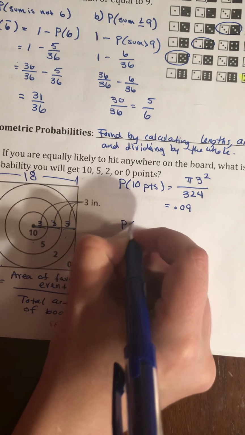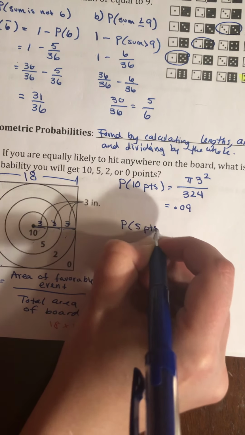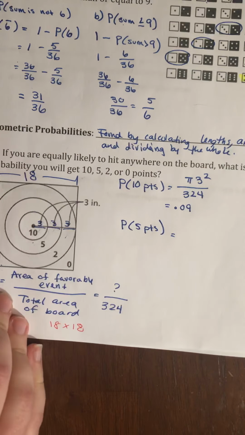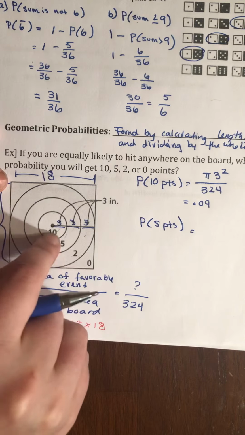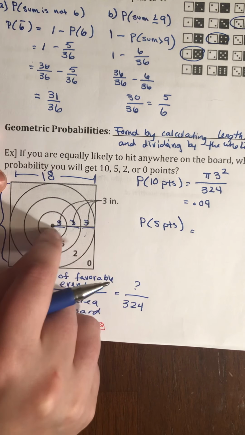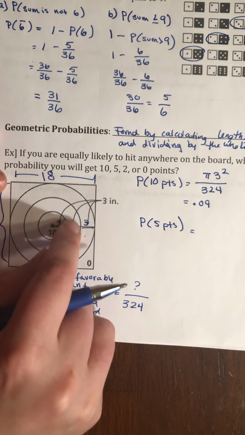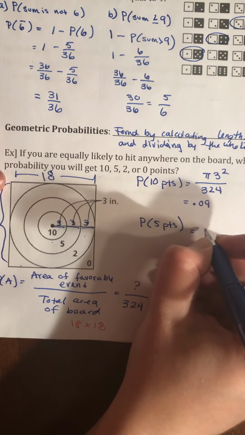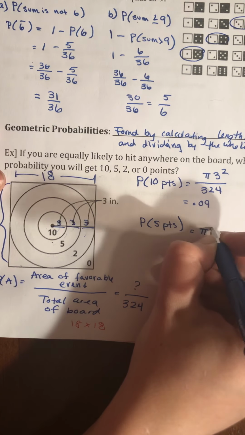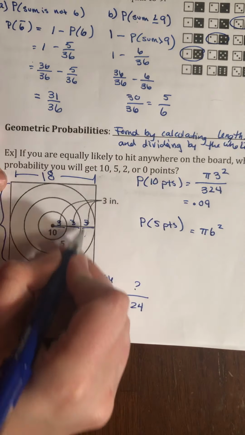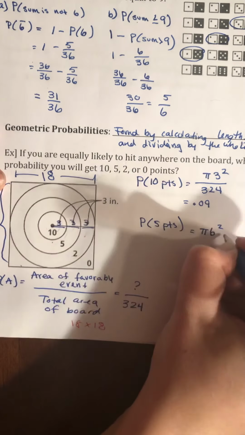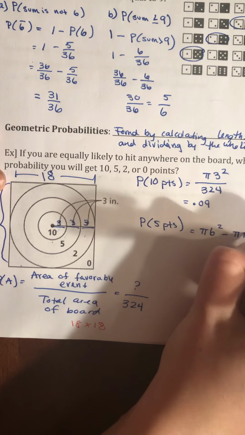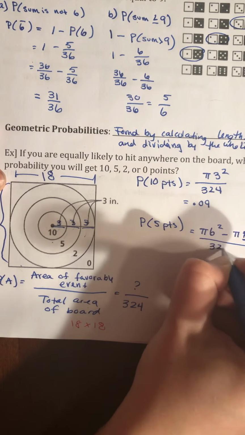Now, how about the probability of getting 5 points? Well, keep in mind, it's not the whole big circle with a radius of 6. It's that minus this inside part. I just want that outside. So it would be pi 6 squared, so the bigger circle, minus that little circle in the middle, over 324.